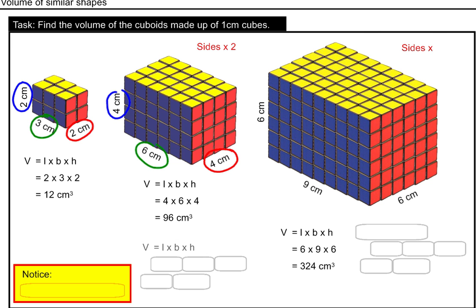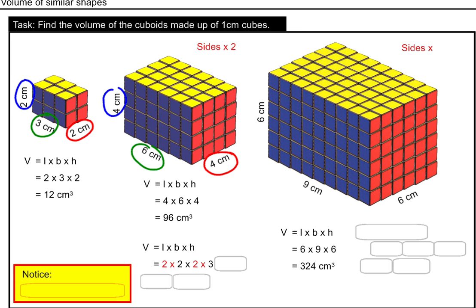So, you can think of length times breadth times height, but instead of thinking I've got a length of 4 centimetres, it's really 2 multiplied by this scale factor of 2 here. The breadth, I can think of it as 6, or I can think of it as 2 lots of 3. So times 2 lots of 3. The height, instead of thinking of it as 4, I can think of it as 2 lots of 2.